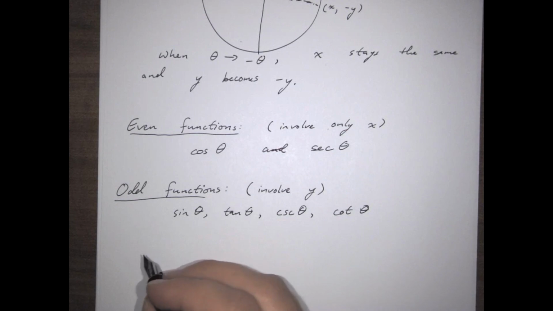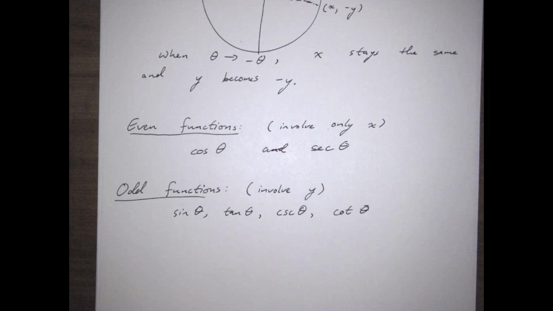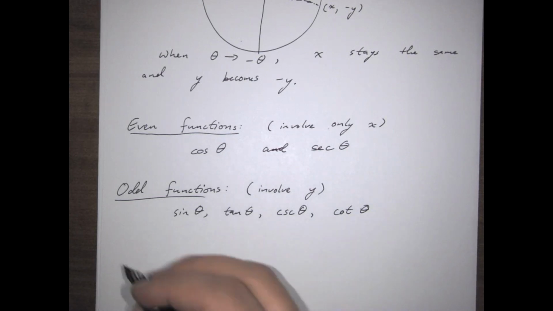And based on this, so based on whether they are even or odd, we can either just disappear a negative from the inside of the function, or we can pull it out.